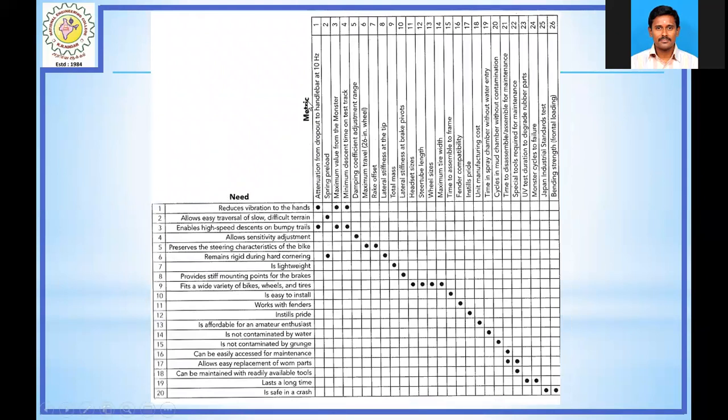In that need and metric chart, every need is mentioned on this axis, and all the achievements or all the design recommendations are listed in the columns. So each and every column will find a row, a particular row. Here you can see no row is here without matching with any column.